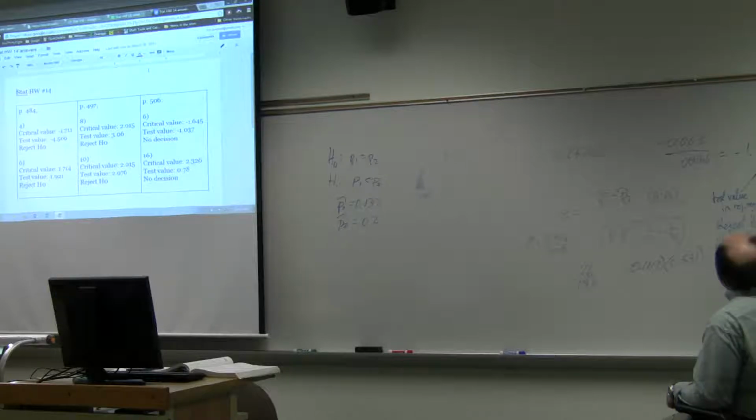If the test value is not in the rejection region, we do not reject the null hypothesis, there is not evidence, and so we say no decision.